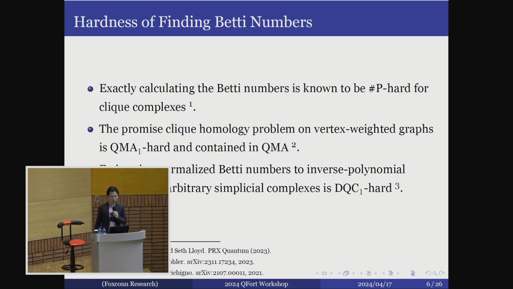That means that it can be computed using the one clean qubit quantum computation model. Normally we believe that problems in DQC1 are also hard to compute classically. So in a sense, I consider this a quantum advantage.